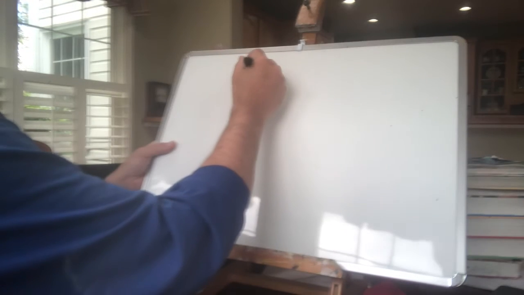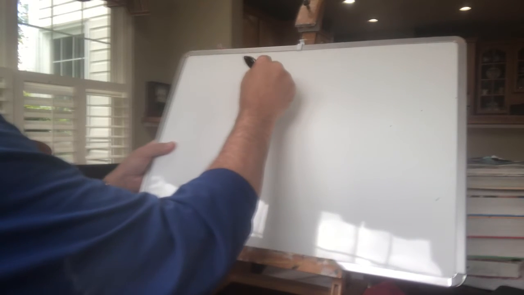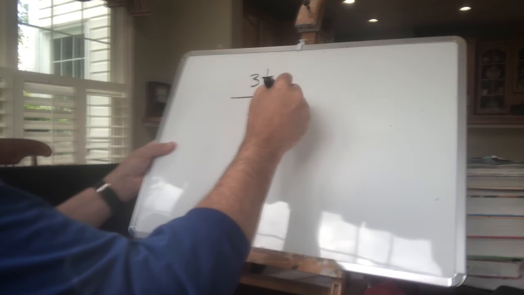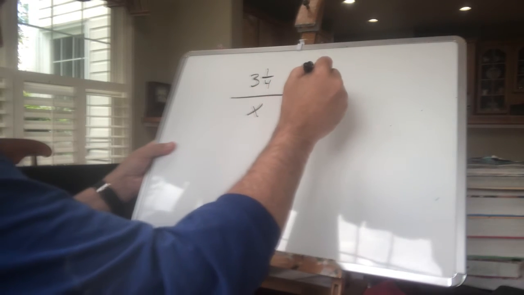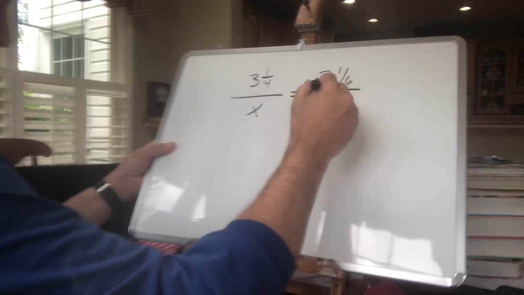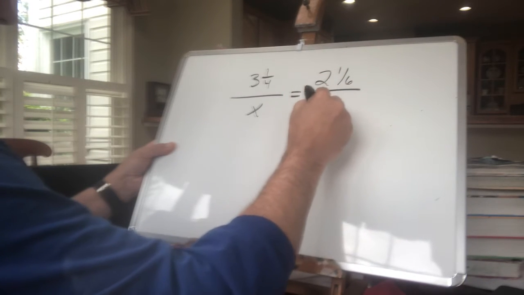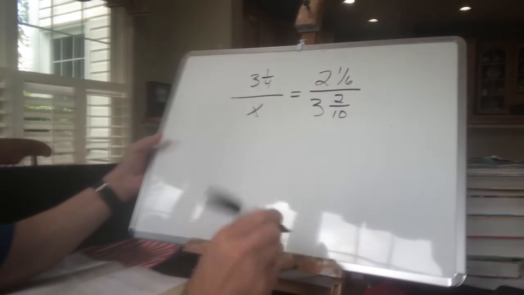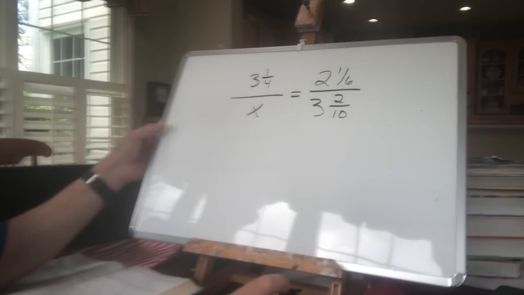We'll go with practice problem B: 3 1/4 over x equals 2 1/6 over 3 2/10. I don't know why they didn't reduce that there, but okay.